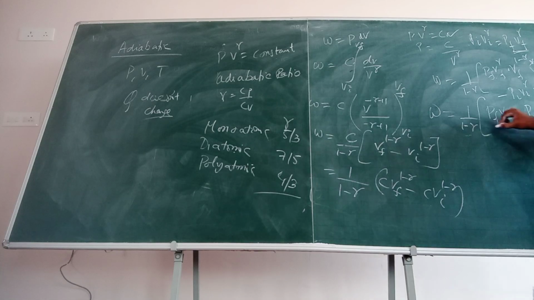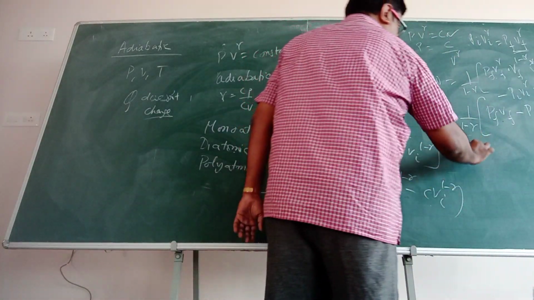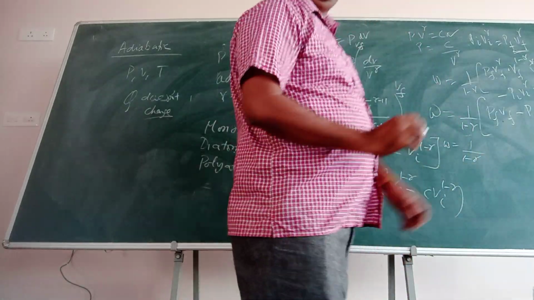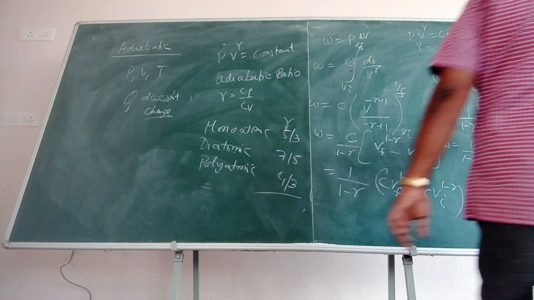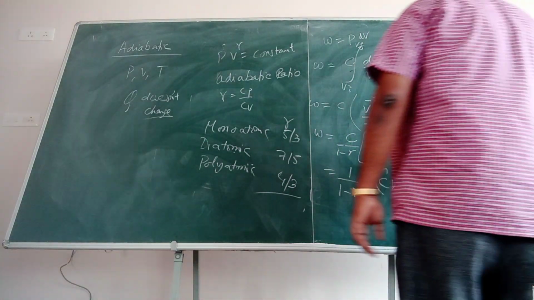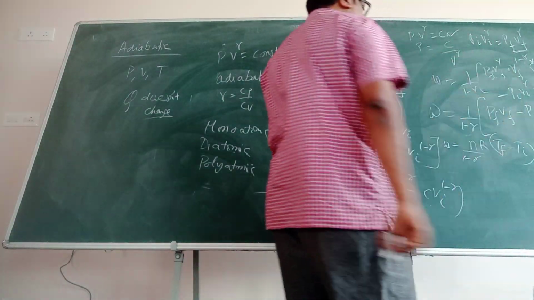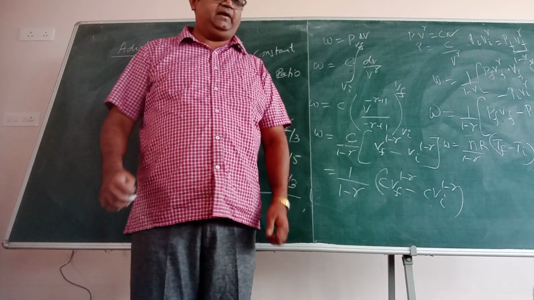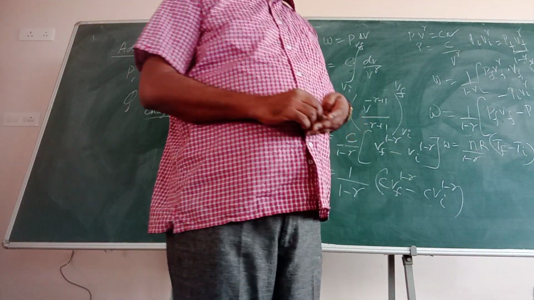Okay, you got this. So can we write here that W is equal to 1 by 1 minus gamma, the final format. See, this is equal to nRT only, no? So nR (Tf minus Ti).